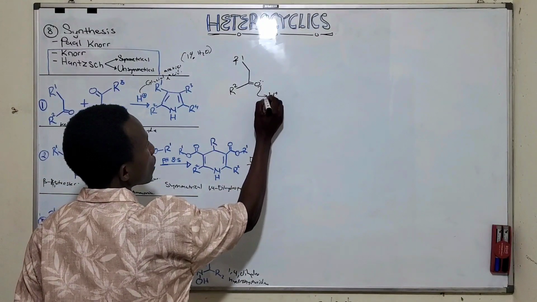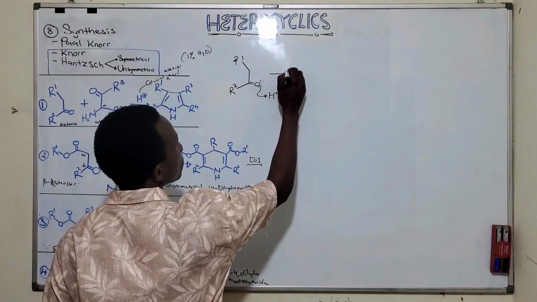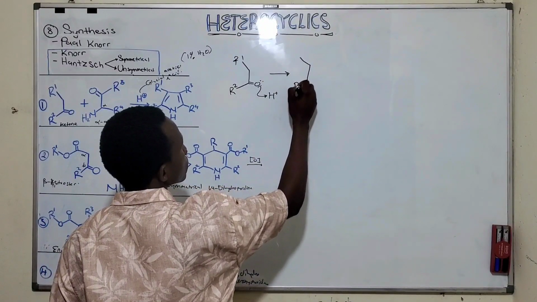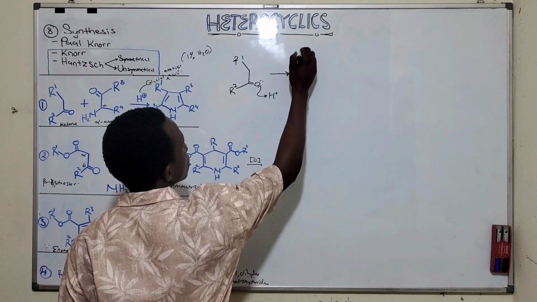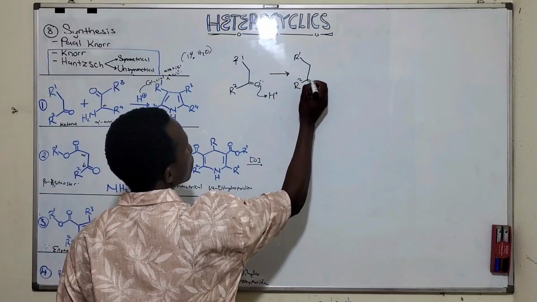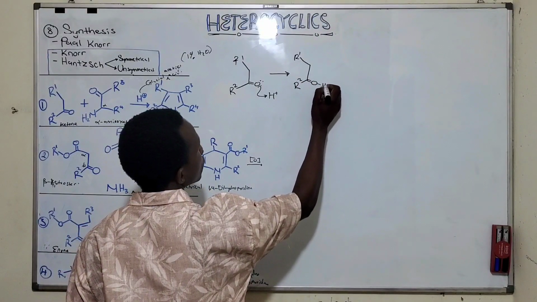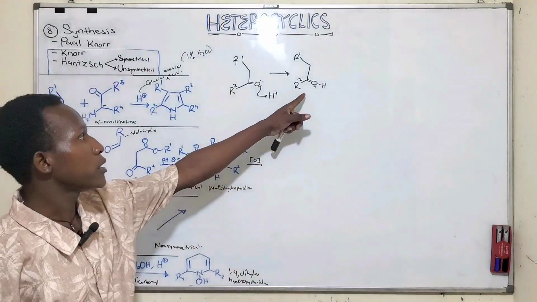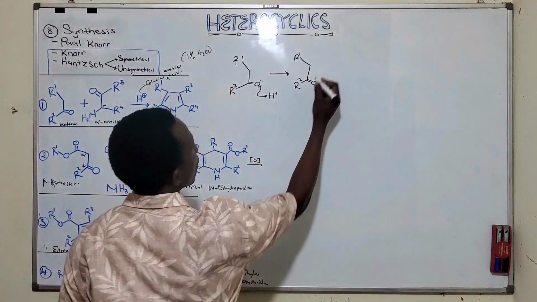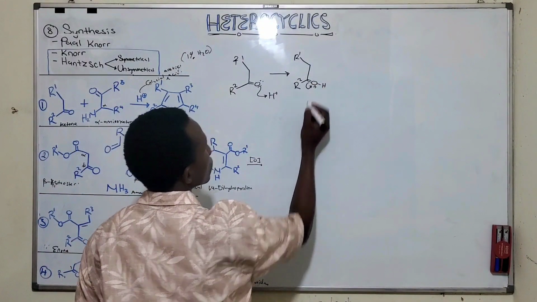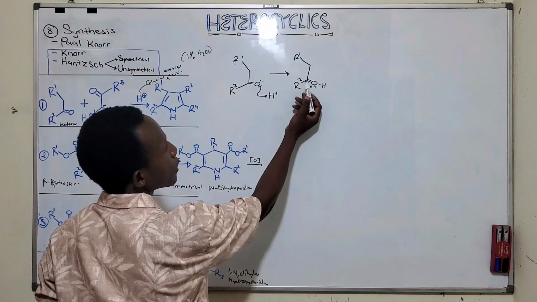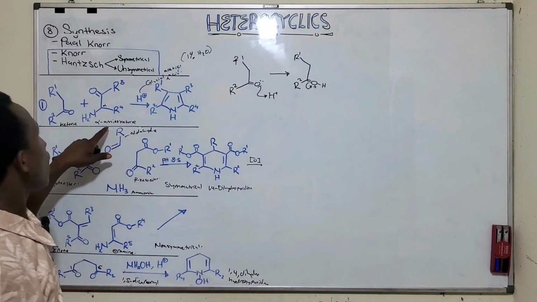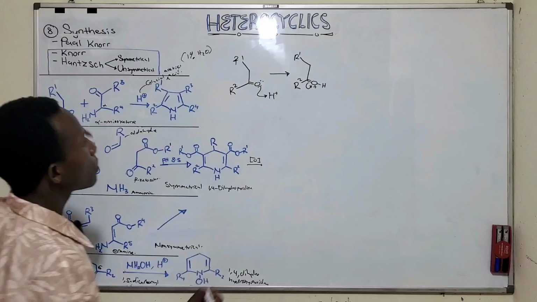So as it reacts with an acid, we shall form this product, with a hydrogen, but this one is now positively charged, it is unstable. So as it stabilizes, it creates a carbocation here. Then our alpha amino ketone, the amino group, will come.